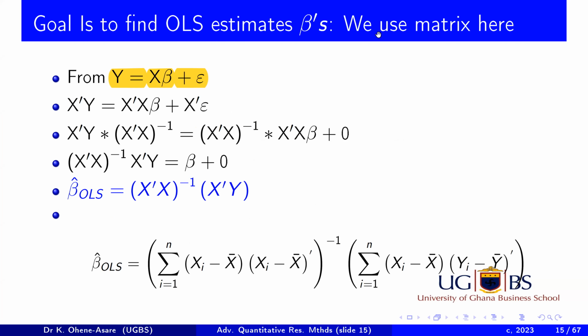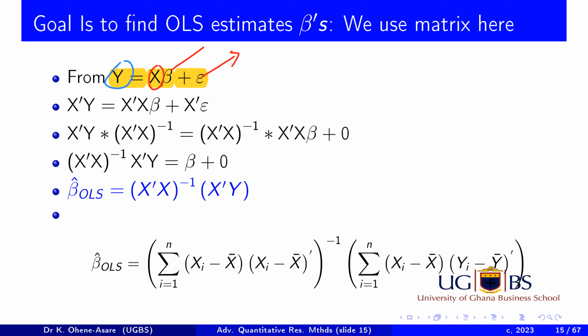Now, if you look at it carefully, you will notice that the y is the dependent variable, this y. And then the x here is the independent variable. This beta is the beta parameter, the estimator that we want to actually find. And of course, the error term is this one here.